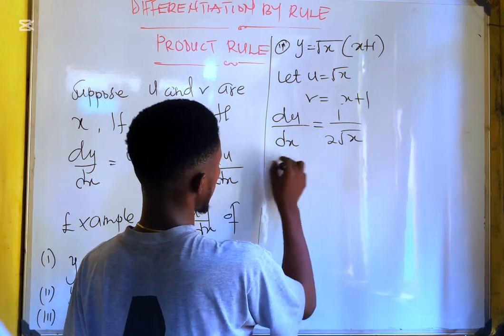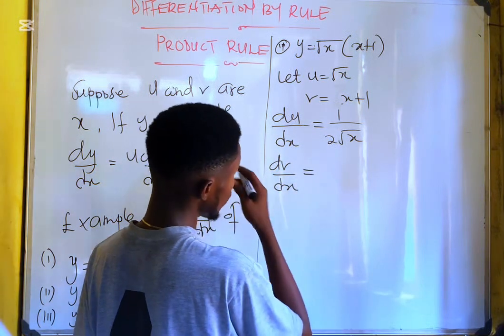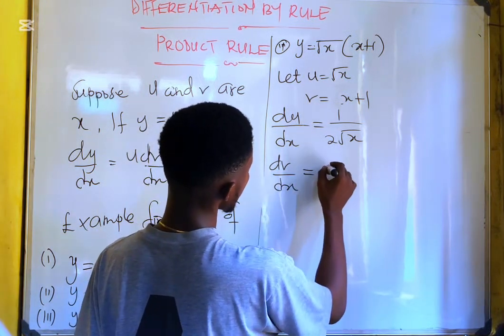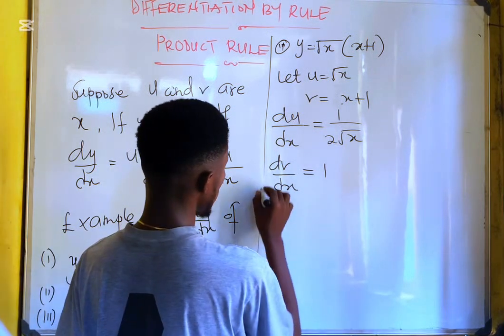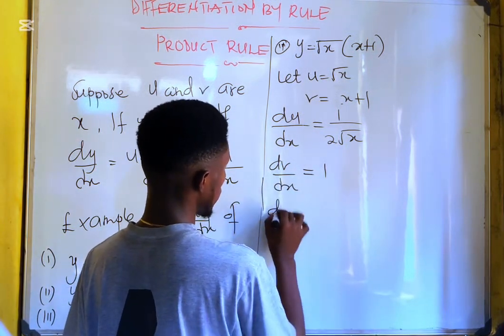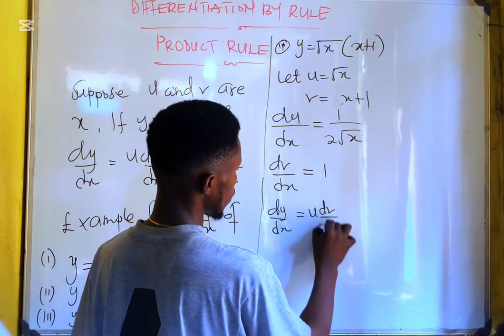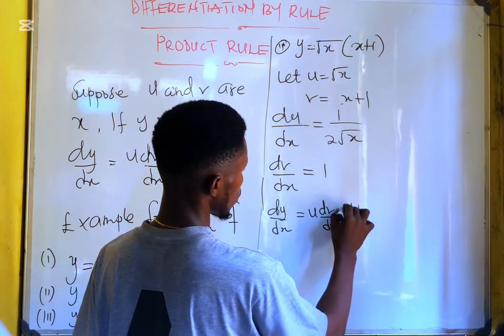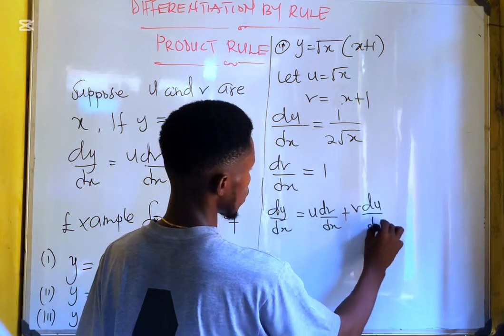Now this is du/dx. Now you also have to look for dv/dx. Our dv/dx is going to be 1. Right? Good. So now per the formula, dy/dx is equal to u dv/dx plus v du/dx.